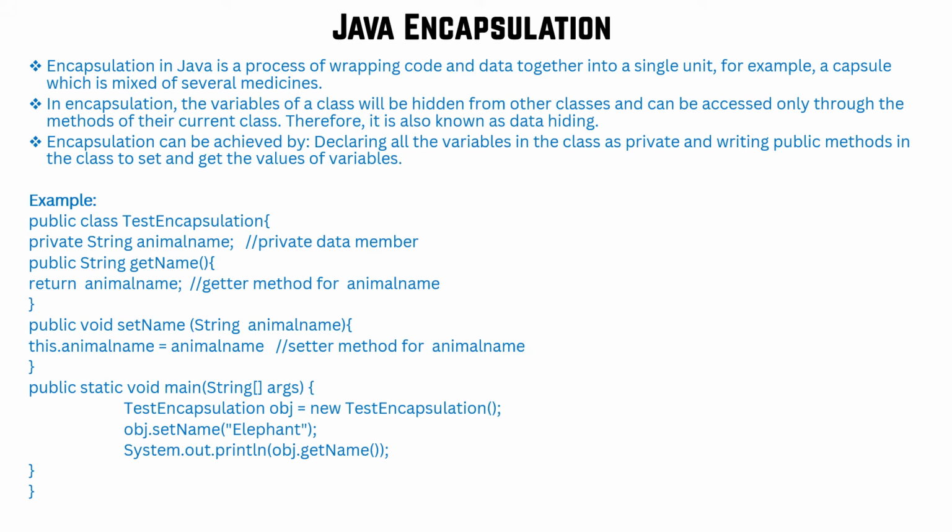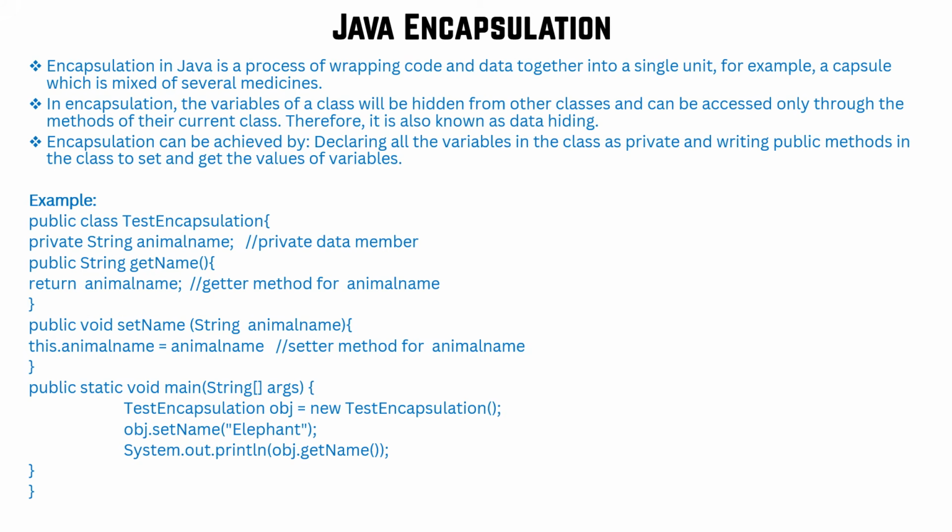Encapsulation in Java is a process of wrapping code and data together into a single unit. For example, a capsule which is a mixture of several medicines. In encapsulation, the variables of a class will be hidden from other classes and can be accessed only through the methods of their current class. Therefore, it is known as data hiding. They can only call the method, get and set the value, but they will not know exactly what is happening there.